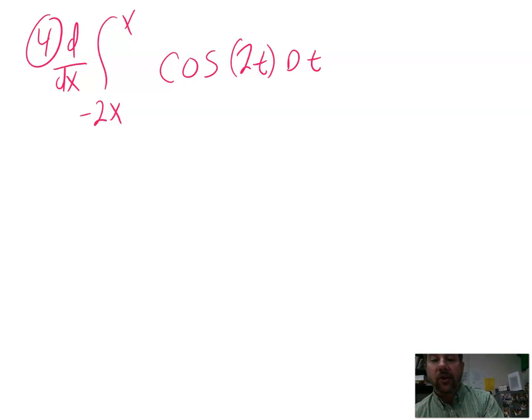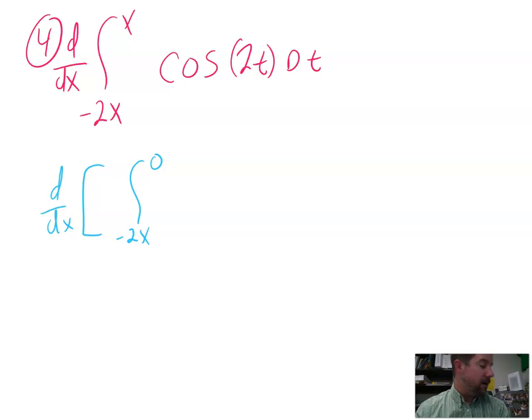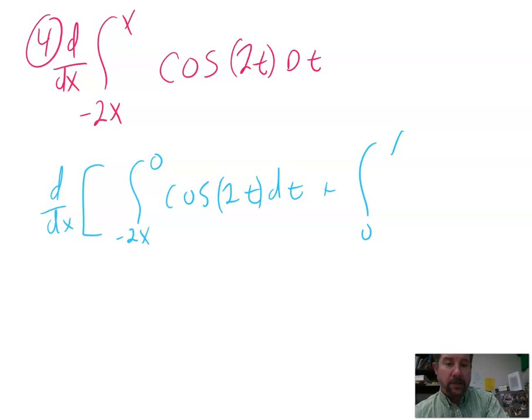Again, we're going to use our integral properties, and so what I'm going to do is split this up, and I'm going to go from negative 2x to, you can make up anything, it doesn't matter what that constant is, 0, of cosine 2t dt, plus the integral from 0 to x of cosine 2t dt.